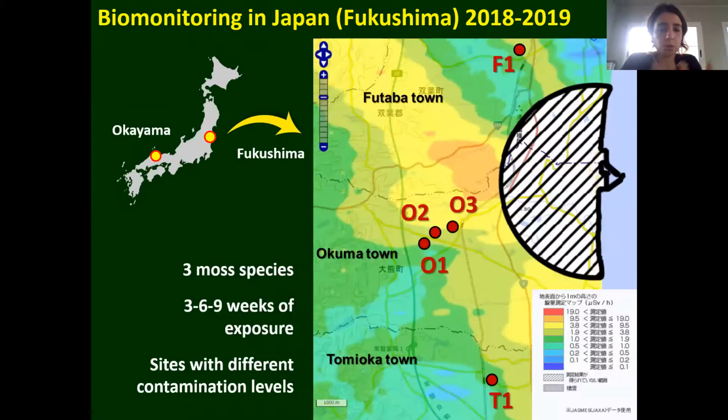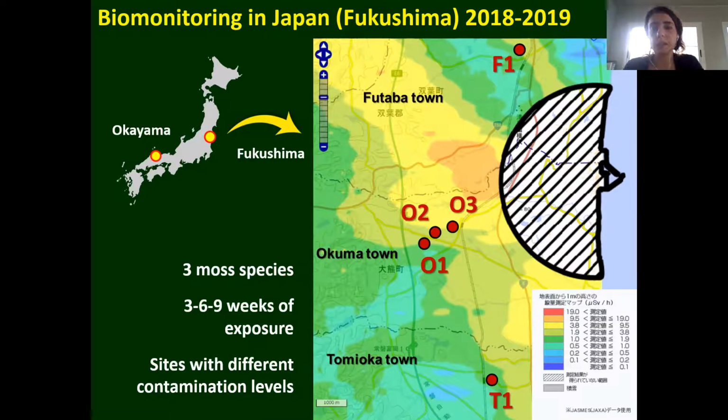Just to show you what I did during two years in Japan, we selected sites in Okayama, in the south of Japan. Okayama was considered as background for comparison, a clean area to compare with the Fukushima sites. The gray part is an area which we cannot enter because it is still contaminated.